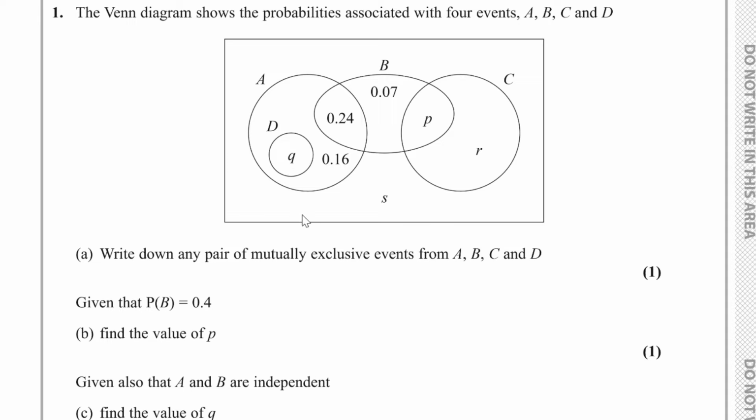And also, because we have the probability of A and B, that refers to this intersection, we know the probability of B, and from that we can find the probability of A.